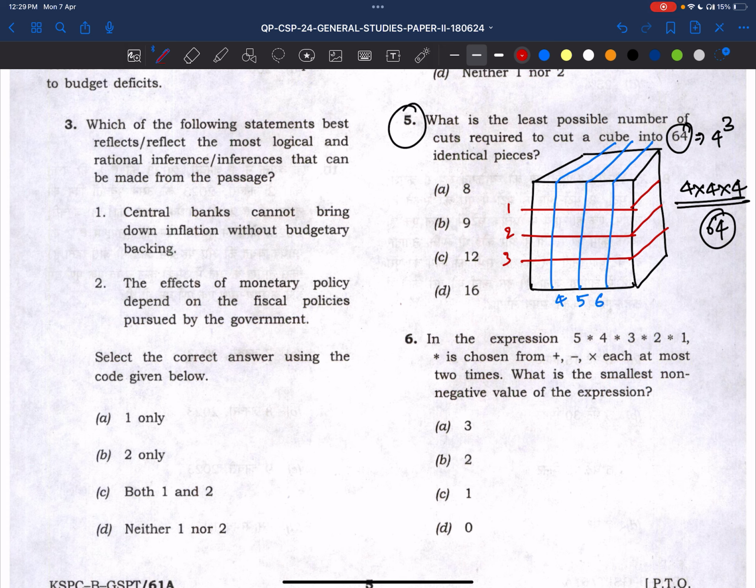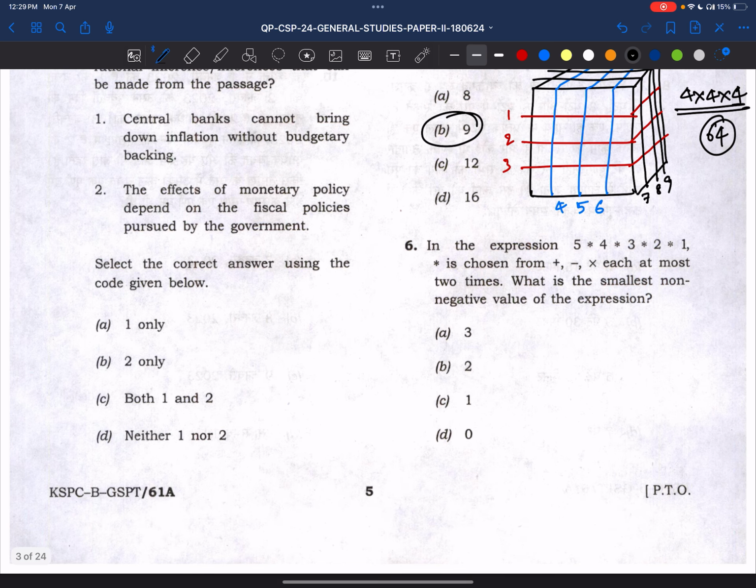Now see here in this face we got cubes. Here there are no cubes. That means we need to cut again 3. 1, 2, 3. That's 8 elements, 7, 8. Means we need 9 cuttings. Correct? Let's go to the next question.